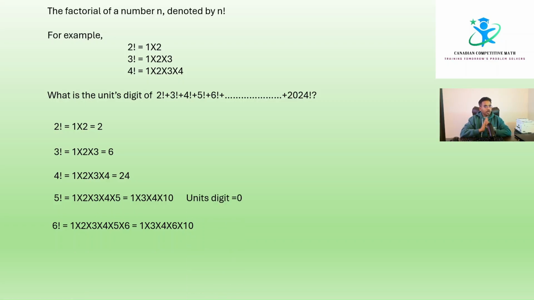Look at the logic here. Any number, if we multiply by 10, the last digit, which is the units digit, will always be 0.